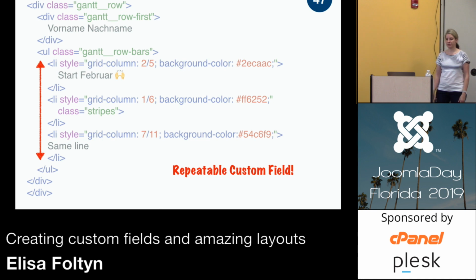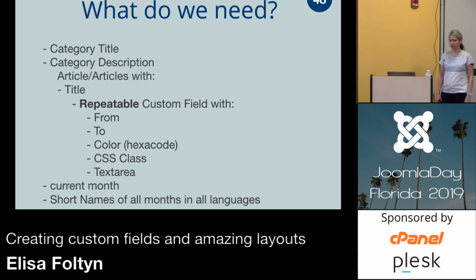And because it's 3 time entries, I would say we could solve it with a repeatable custom field. So you can add more time entries in one article at once. So the conclusion is, what do we need? A shopping list: a category title, and a category description for the headline about the timetable.